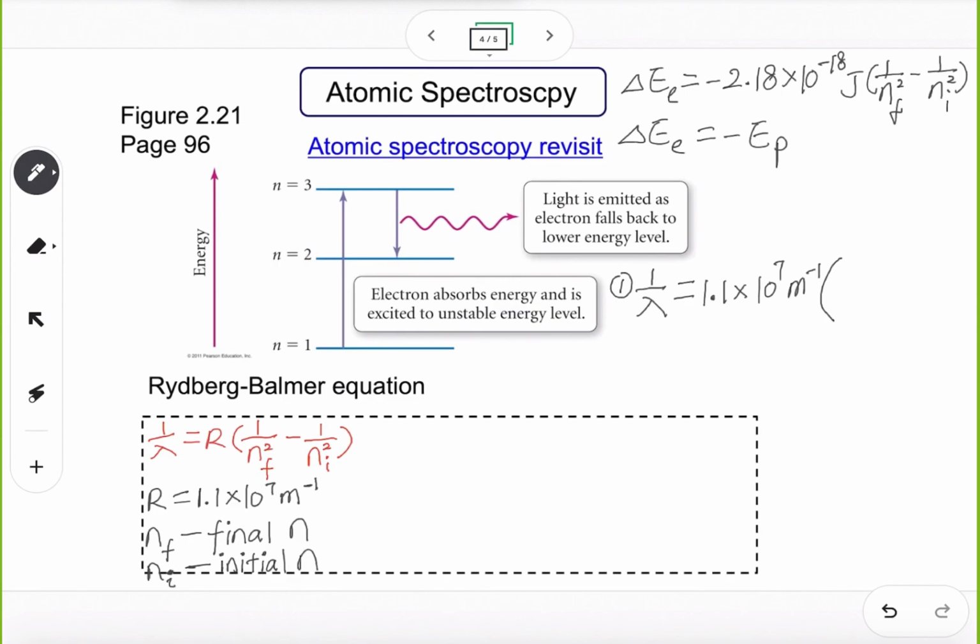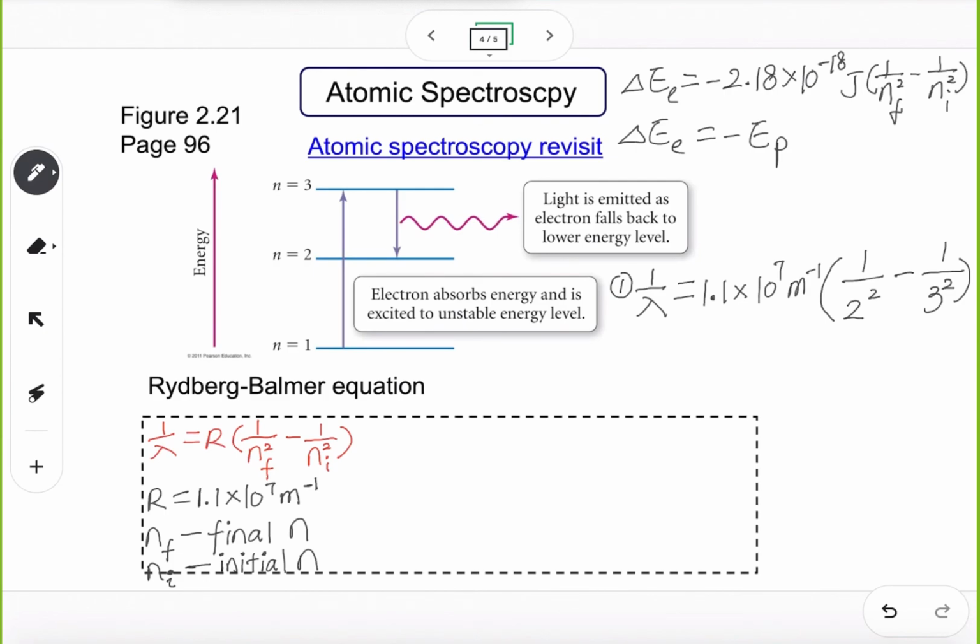According to our analysis a moment ago, it goes from 3 to 2, which means NF would be 2, so it should be 1 over 2 squared. Now NI would be 3 because that's the initial n value, so 1 over 3 squared. We need to be careful when we set up the equation. The rest of it would be just doing the calculation step by step.